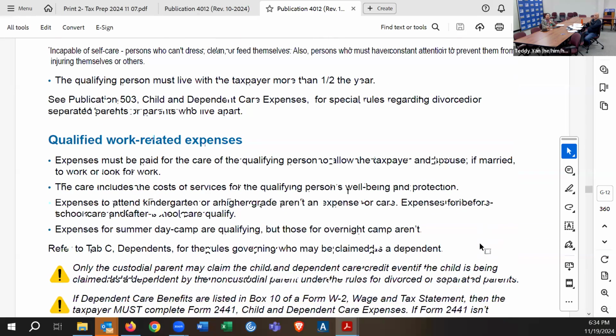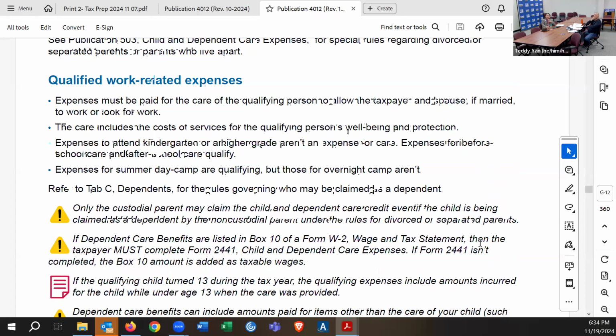There's other criteria to claim the credit. The expenses must be paid for the care of the qualifying person so that the taxpayer and the spouse, if married, can both work or look for work. Yep. So in this case, yeah, Kat is paying for childcare so that she can go and work.